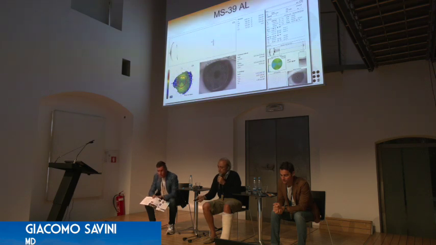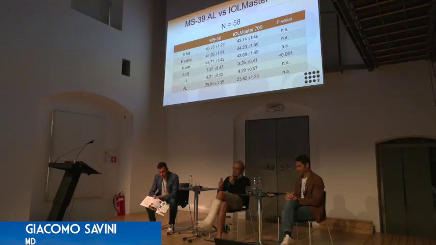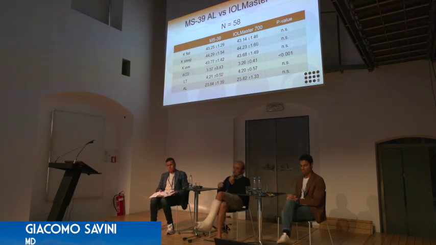And we did a preliminary study. I presented very similar case numbers 1 year ago in Florence, but these are totally different patients with a totally different software. And when you look at these 58 eyes, where we took one measurement with the MS-39 AL and the IOL Master, the only statistically significant difference was for ACD.